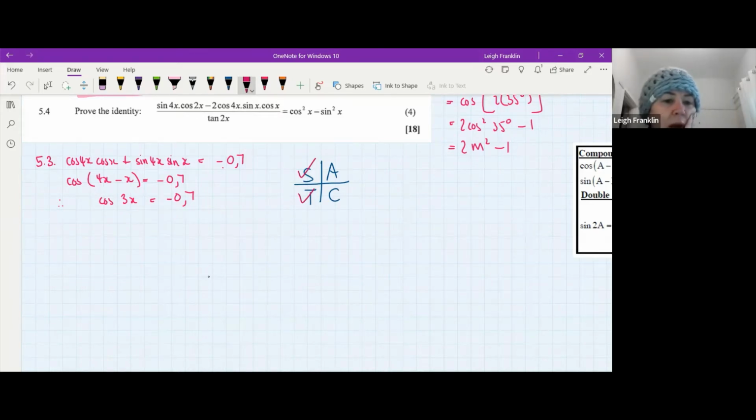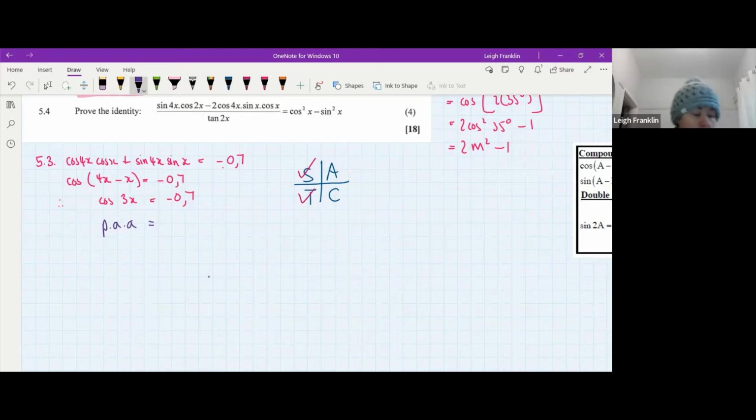Because we've got the cos of an angle, where our angle is 3x equals our ratio, we are ready to find our PAA, our positive acute angle. We're not going to use the negative in front of the 0,7 to determine this.